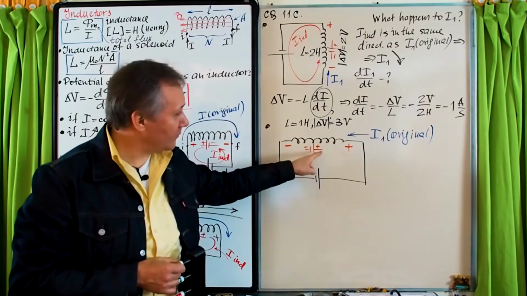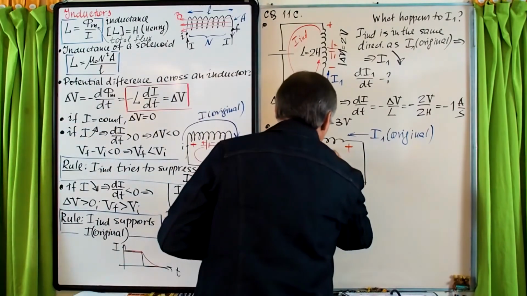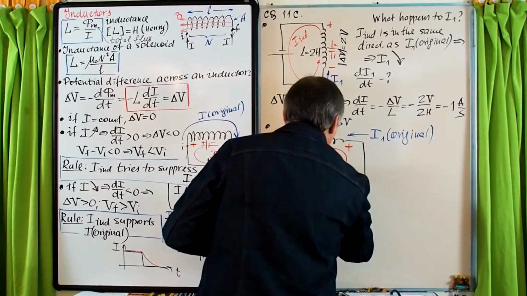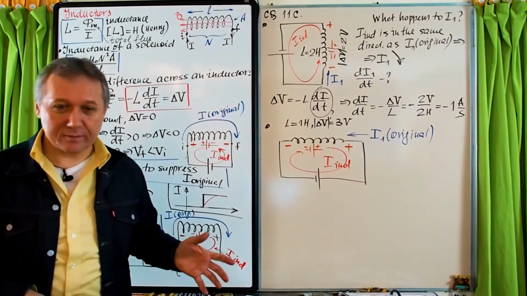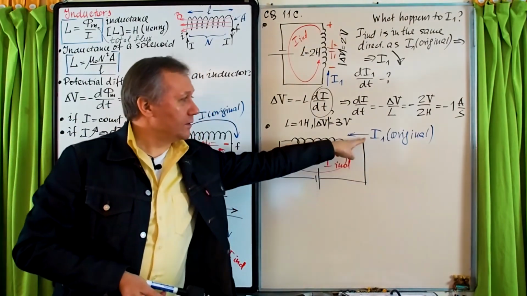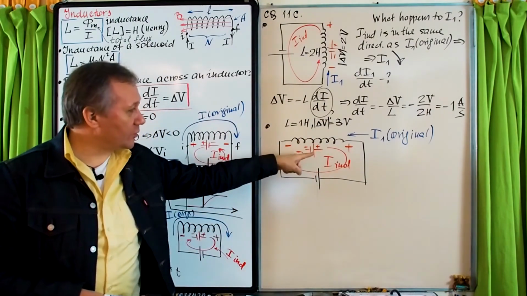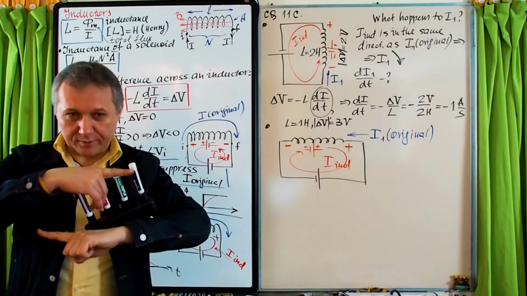Through the circuit from this plus to this minus. So it will be like this. So this will be I induced. And now let's look at the directions. Original current counterclockwise, induced current clockwise. Directions are opposite.